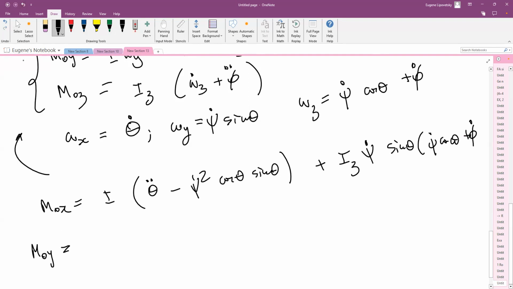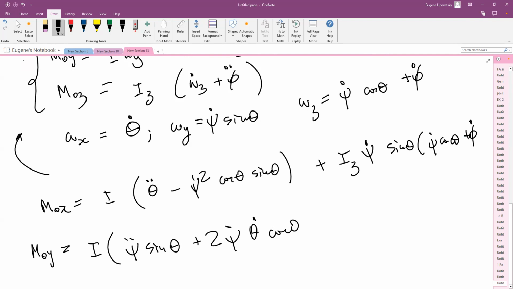MOY will be I times psi double dot sine theta plus 2 psi dot theta dot cos theta minus I sub z theta dot times psi dot cos theta plus phi dot. That's still the z piece.